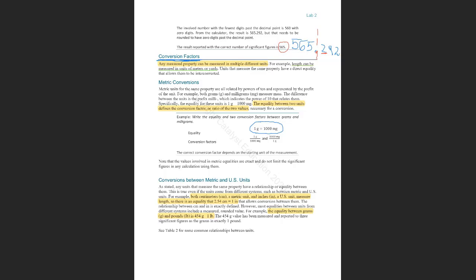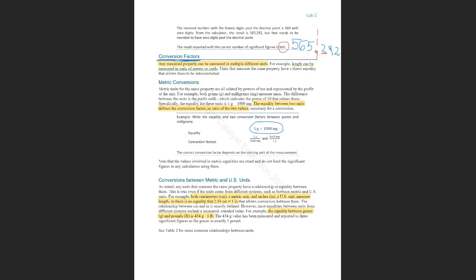Probably in your test, they will have to tell you, well, not this one, because you know milligrams. Of course, you know that 1 gram is 1,000 milligrams, but for the conversion factors between, for example, pounds and kilograms, or between inches and centimeters, it's probably going to be given to you. You are not supposed to know.